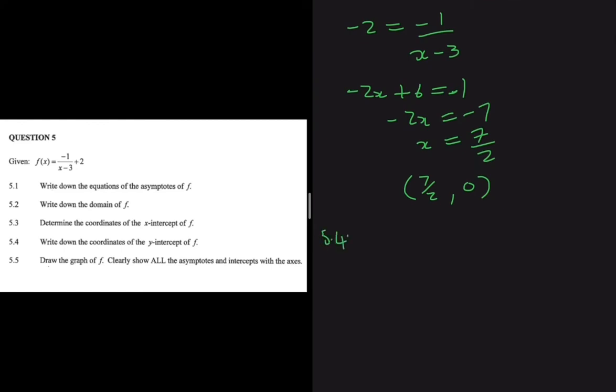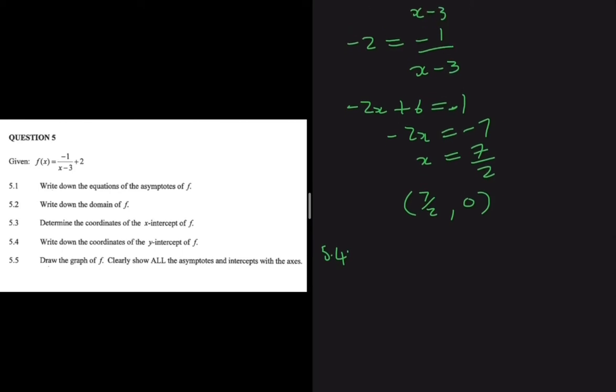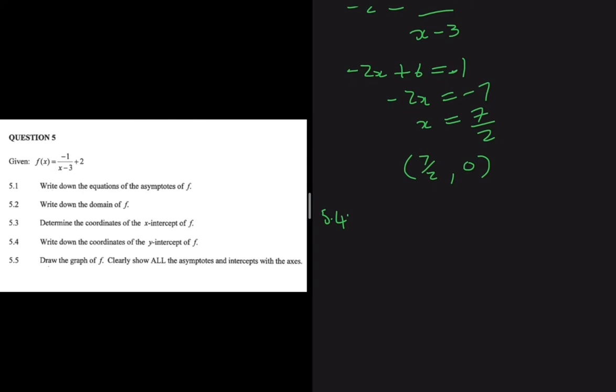y-intercept, we let x be equal to 0, and then we solve for y. For this equation, we're going to have y equals minus 1 divided by x. No, we're letting x be equal to 0, so this will be 0 minus 3 plus 2.